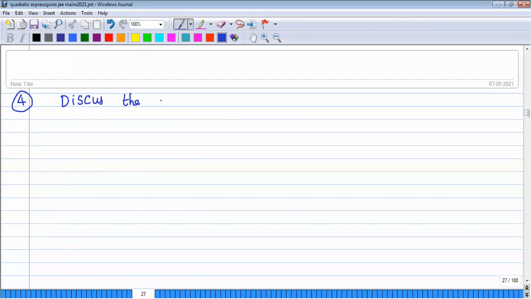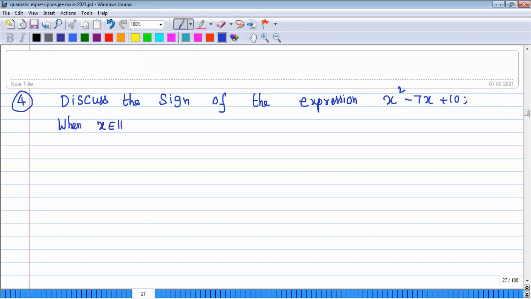Discuss the sign of the expression x square minus 7x plus 10 when x belongs to R. Sir, we can't hear your voice.